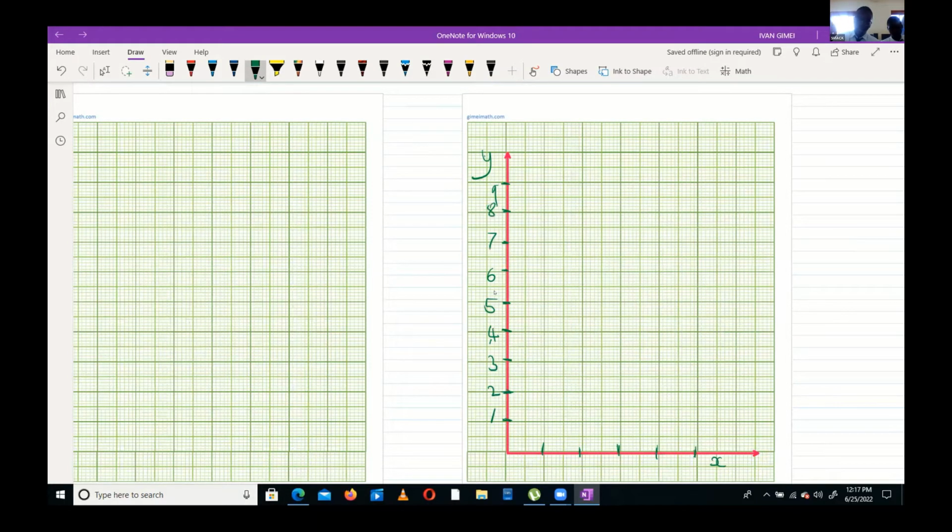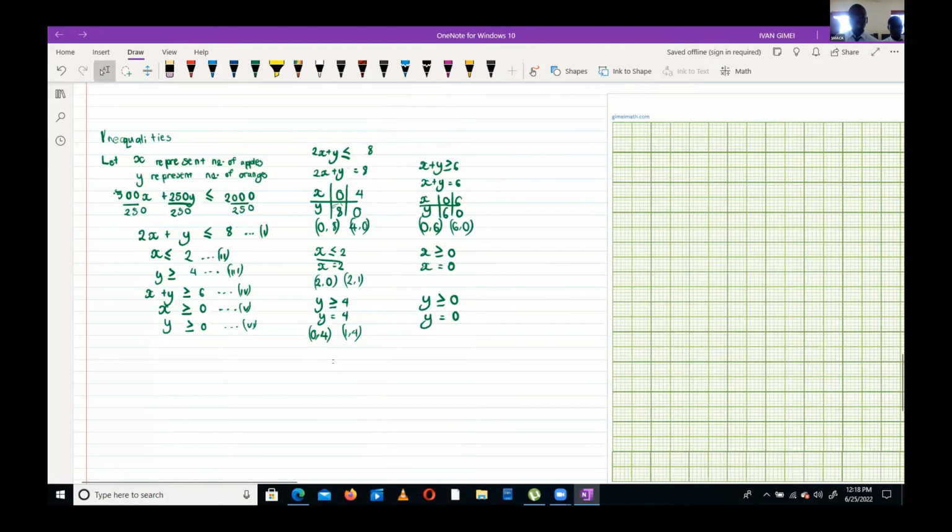The same here, 1, 2, 3, 4, 5, and 6. That's the zeros as well for each axis. So here we already got the coordinates for the border lines. There are 6 of them.